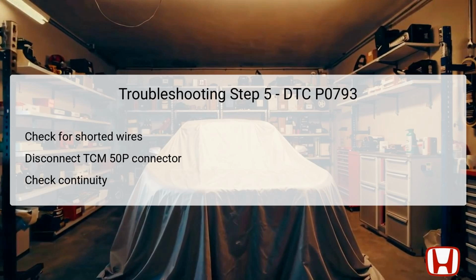With the vehicle off and both connectors disconnected, you will check for continuity between 2 test points. Female terminal number 1 of the CVT drive pulley speed sensor connector and body ground, designated as test point 1 and test point 2. The aim here is to determine if there is continuity.